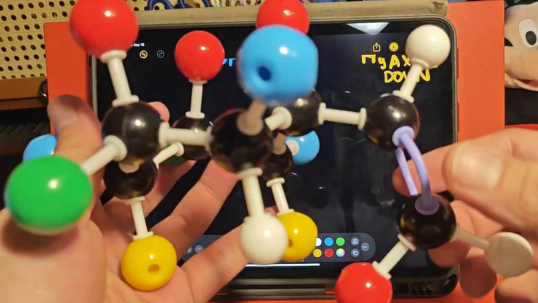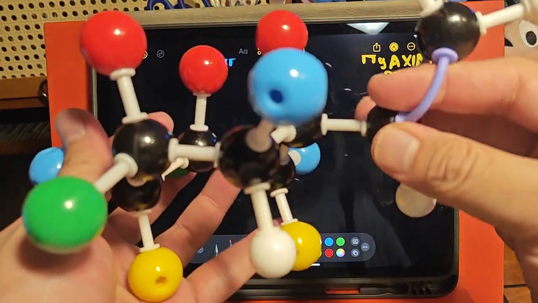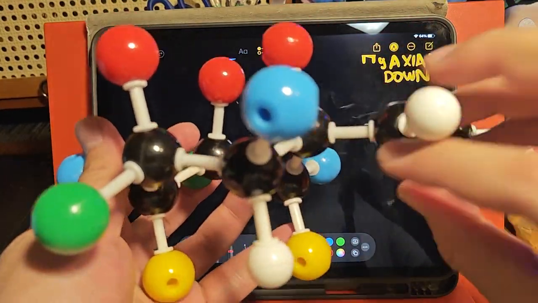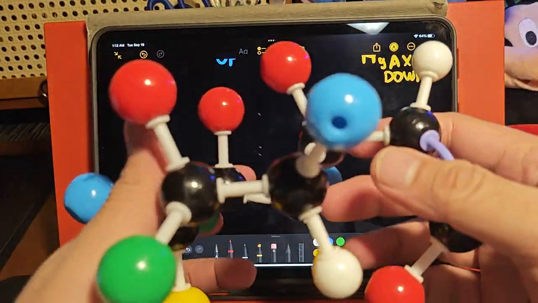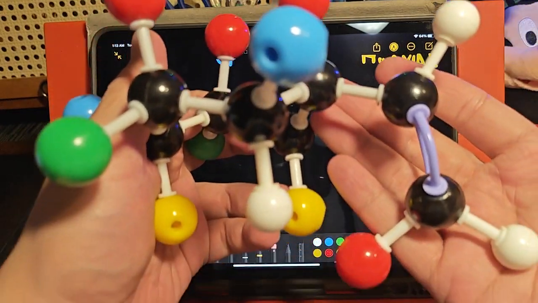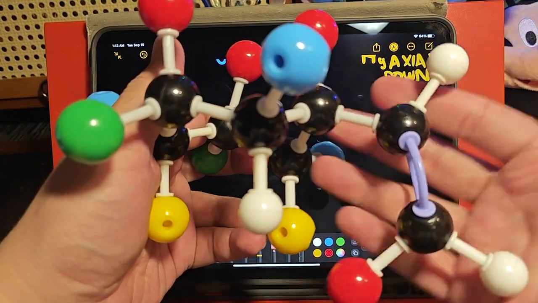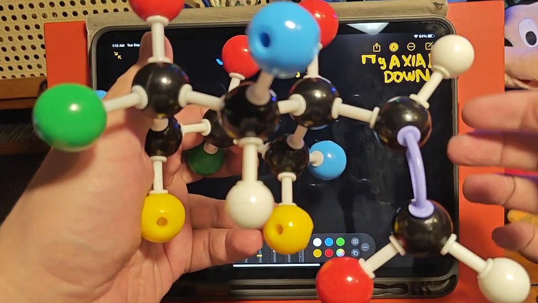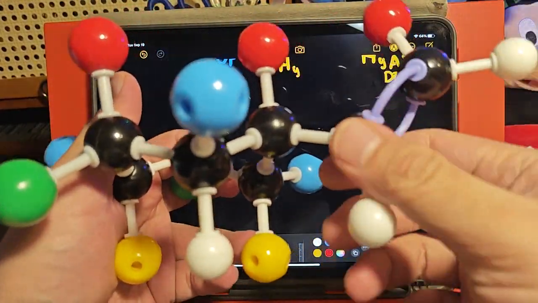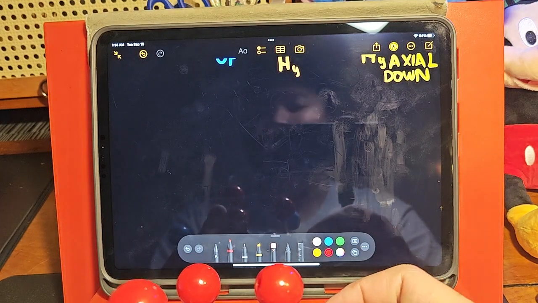And notice, if I rotate it, it's not really colliding with anything. So having large groups is not very favorable for the axial positions, but it is quite favorable for putting them on an equatorial position.